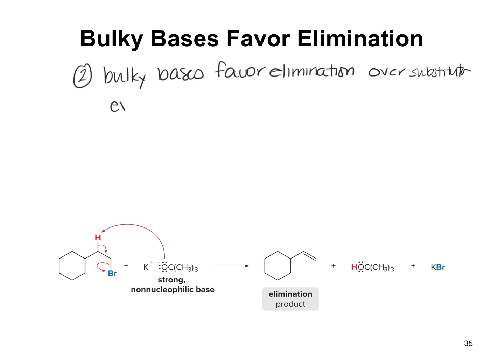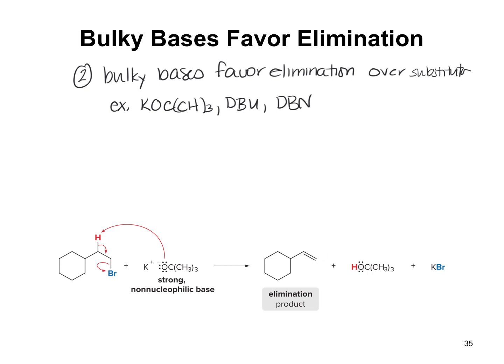So things like the tert-butoxide ion, right? DBU, which we've talked about, and DBN, right, are all too sterically hindered to attack a tetravalent carbon, but they are able to remove a small proton, favoring that elimination over substitution. So here's an example, right? We have a strong non-nucleophilic base. It's going to come in, it's going to grab that proton, and we get our elimination product here.